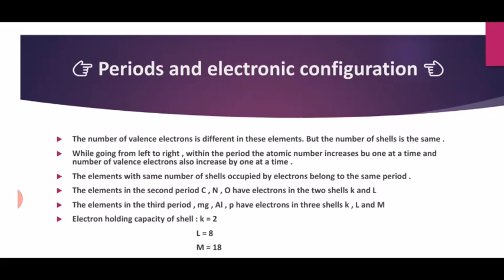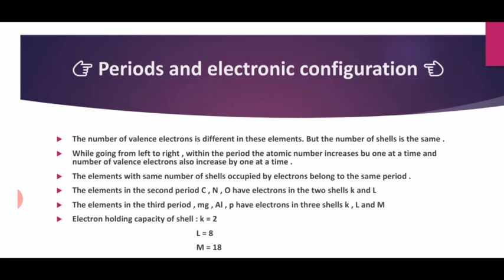Second point: while going from left to right in a period, the atomic number increases by 1. So going from left to right, the atomic number of the elements increases, for example 1, 2, 3, 4, that is, by 1 at a time, and the number of valence electrons also increases by 1 at a time.